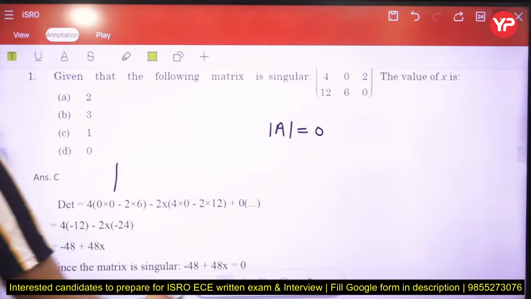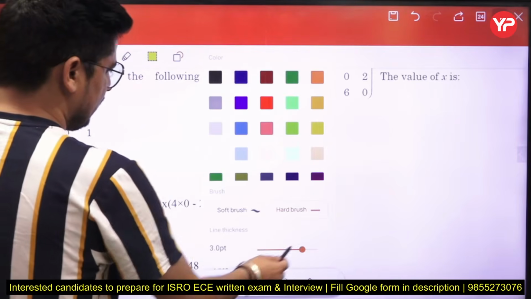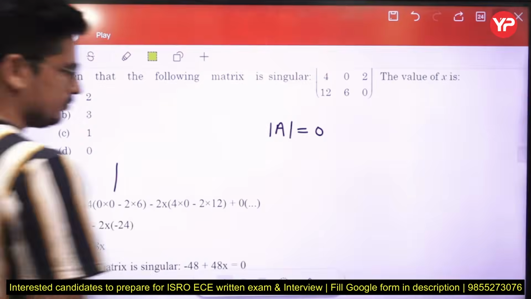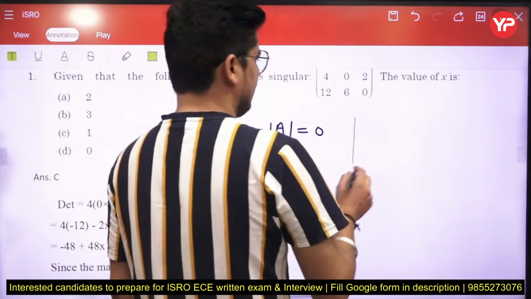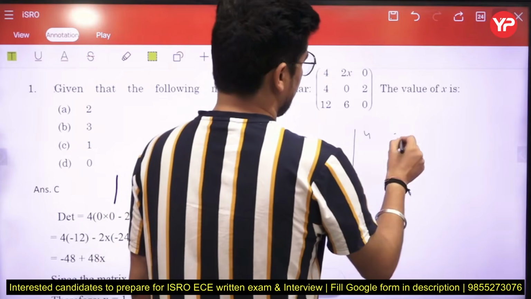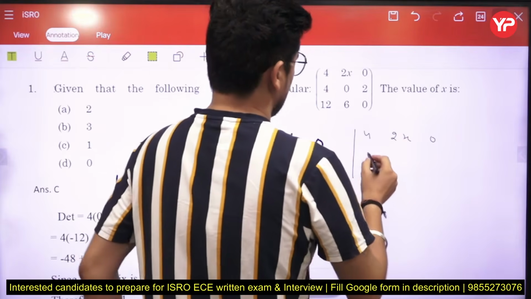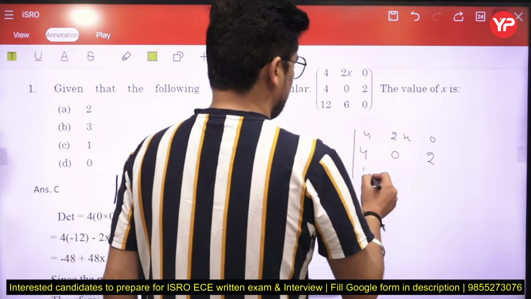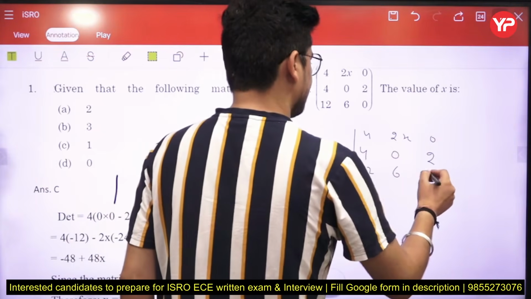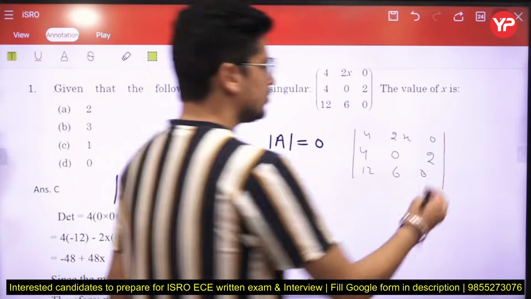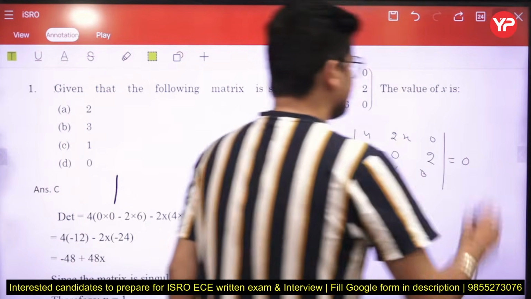See, if I take the determinant of this matrix, that matrix is 4, 2x, 0, 4, 0, 2, 12, 6 and 0, right? If you take its determinant, that determinant should be equal to 0, right?